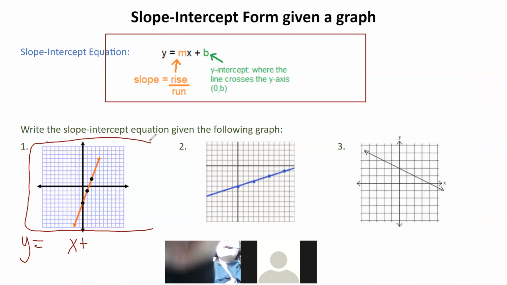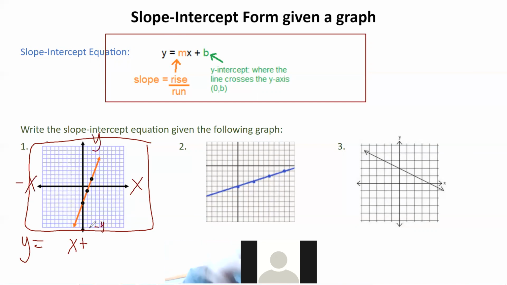Where is this graph crossing the y-axis? What number? And remember, this is positive x, this is negative x, positive y, negative y. And you guys are right, it's crossing at -4. So instead of b at the end, I'm going to put -4.